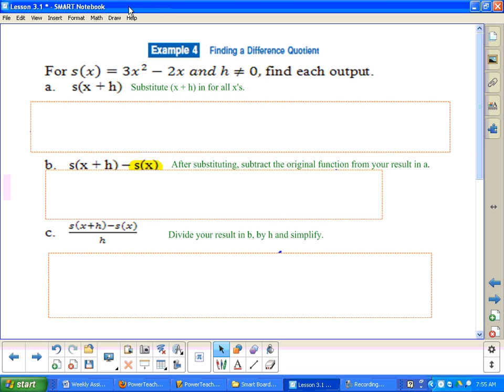And the thing about it is that this is important that you are able to get this, and it becomes quite difficult for some students. But this is one of the main ideas of calculus, the difference quotient, because all of calculus is basically a study of rates of change.